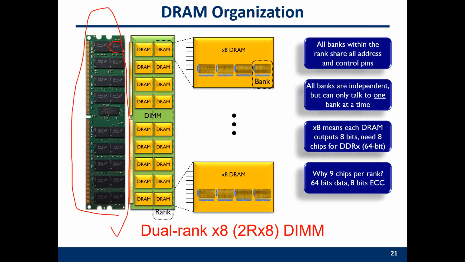Each small square here indicates a chip. Inside each chip, you have different arrays and different banks. All the banks share the same address and control pins, meaning they share the same address bus and control bus. But all the banks are independent. You can talk to one bank at one time.